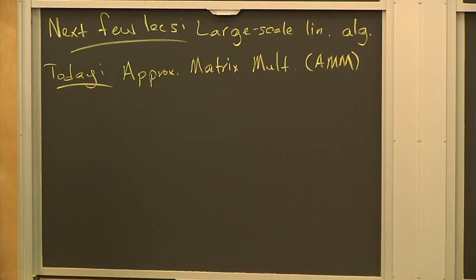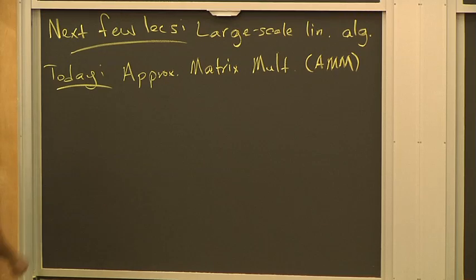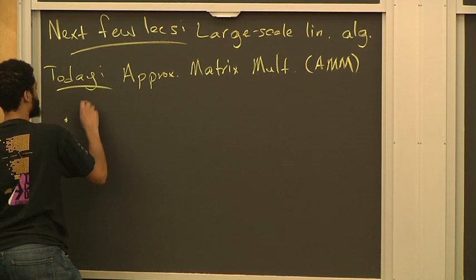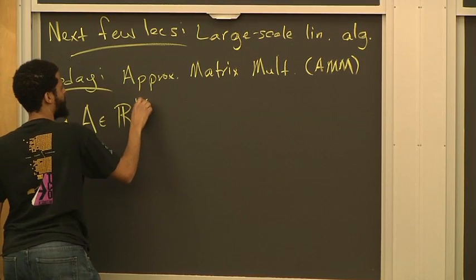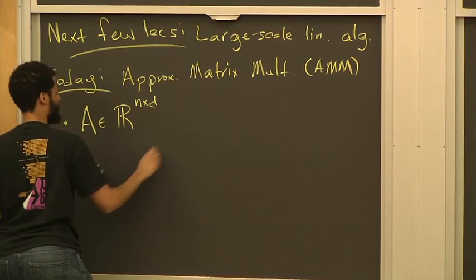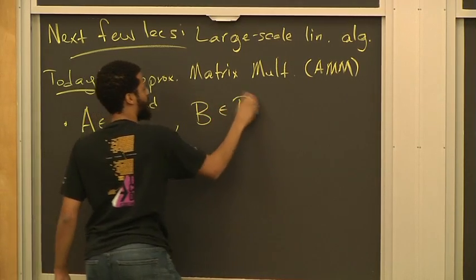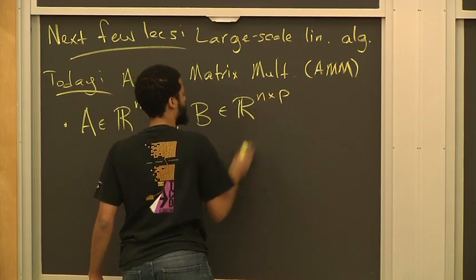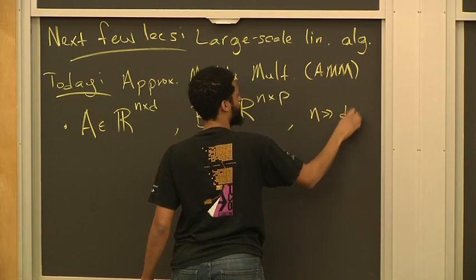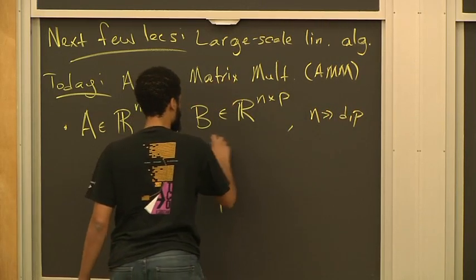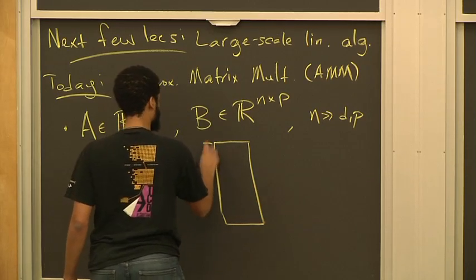Okay. So I'm imagining that we're given two matrices. A is an n by d matrix, and B is an n by p matrix. And think of n as being big. n is much bigger than both d and p. So these matrices look something like this.